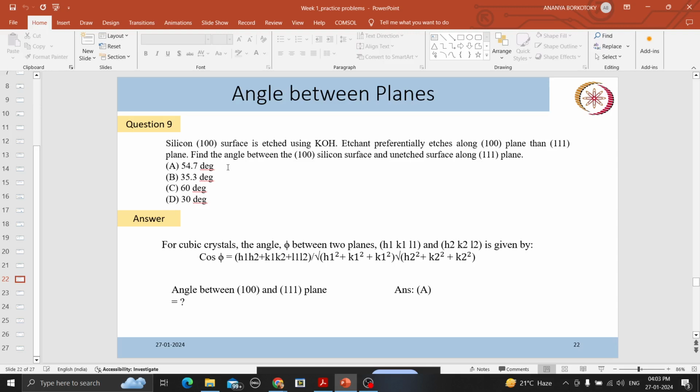So now, tell me why you think that KOH etches silicon only in particular, like it etches more in a particular plane. So what do you think, what could be the reason?